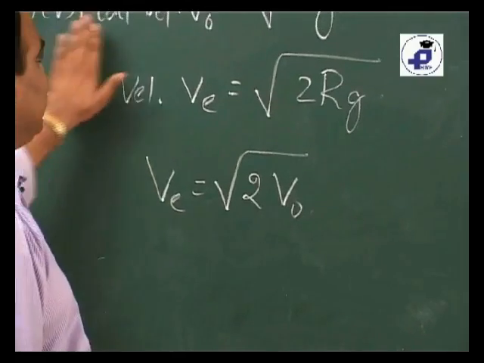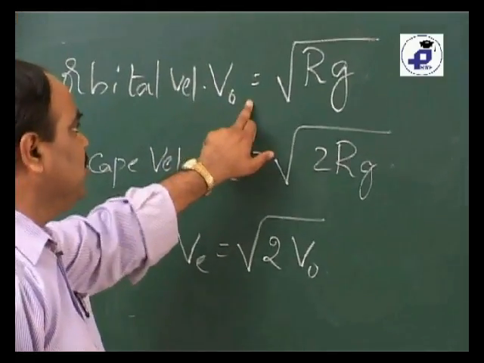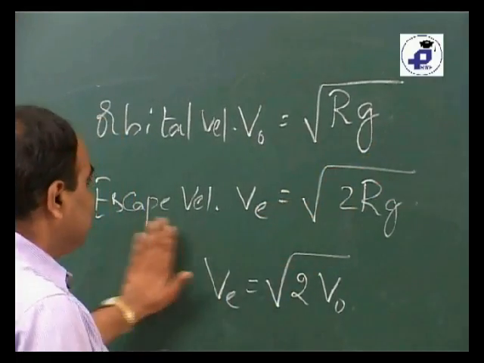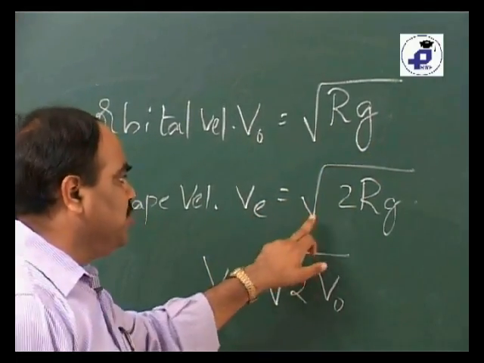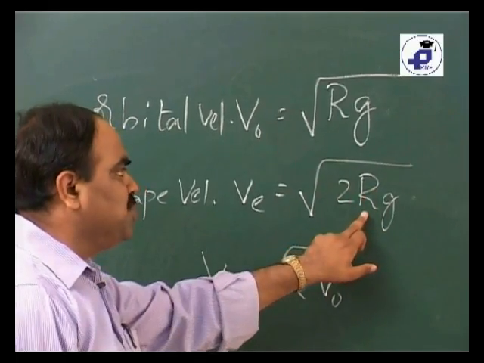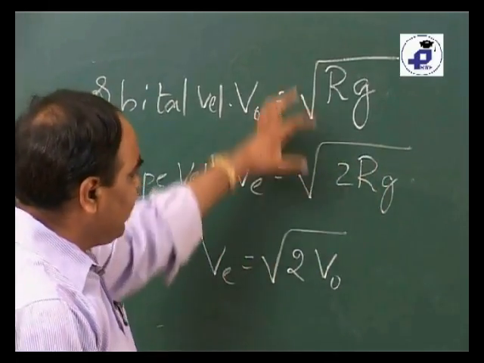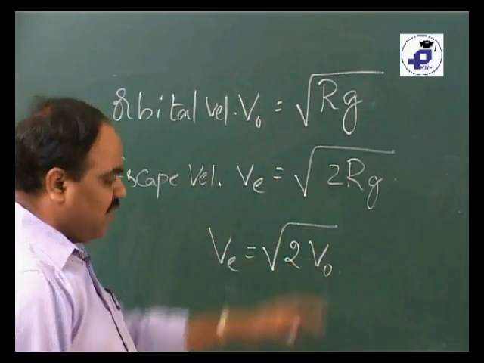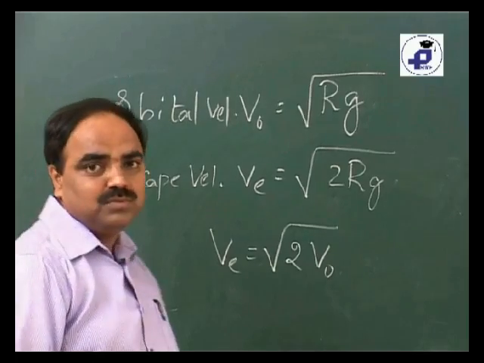Please be careful. Orbital velocity V0 is equal to square root of capital R into small g. Escape velocity VE is equal to square root of 2 into R into g. Compare these two, you get VE is equal to root 2 times VO.